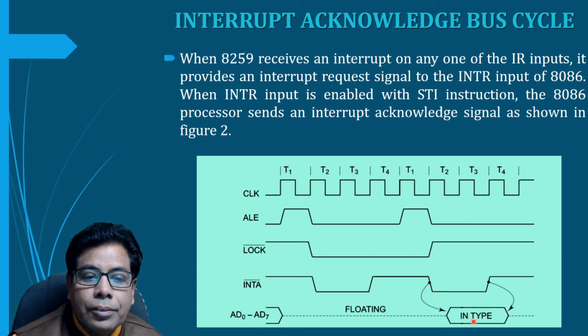This interrupt type will simply be a number in hexadecimal, 00 to FF. So for example, if we want INT 12, then we'll have the number here as 12.